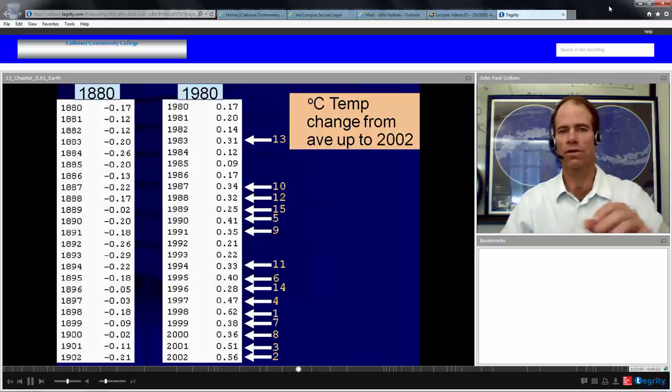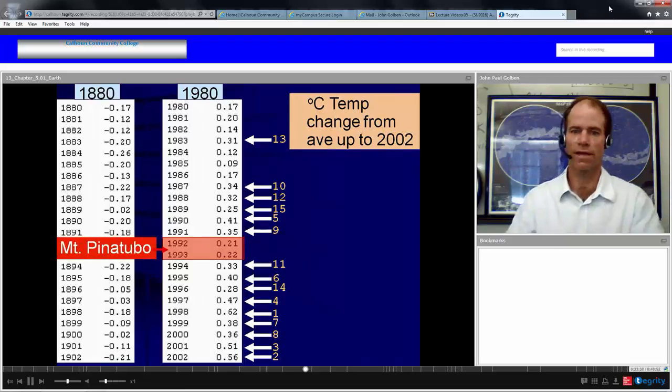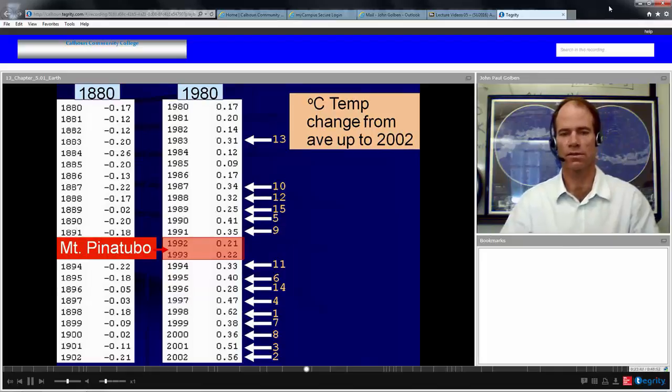We do have one anomaly down in 1983, year 13, but most of the top 15 years are just prior to that 2002. We also have another anomaly here in 1992 and 1993, which were cooler, and there's a reason for that, a cooling effect, so it helped to mitigate the global warming temperatures in those 2 years.